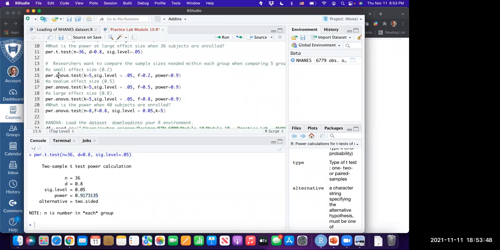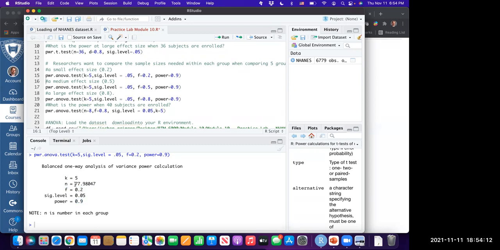Equally, when you have an ANOVA comparison with 5 groups and an N of 78, you want to achieve an F of 0.2 at a significance level of 0.05 with a power of 90%.